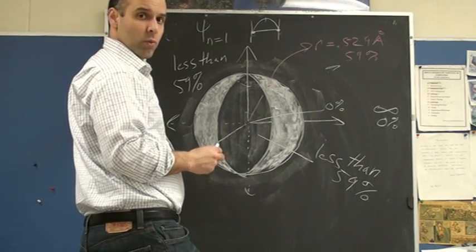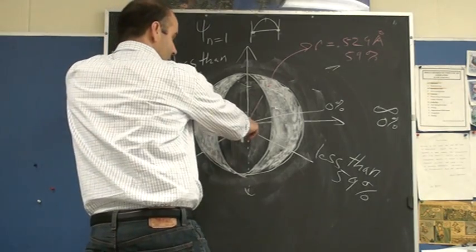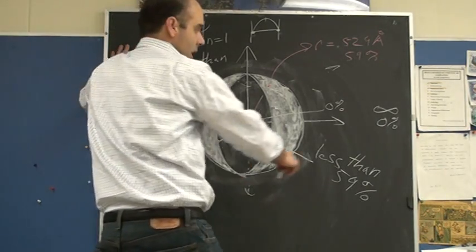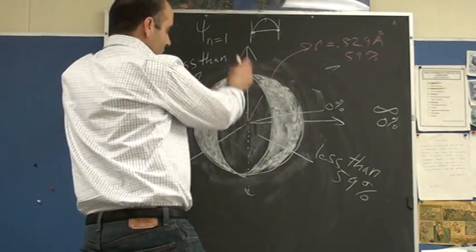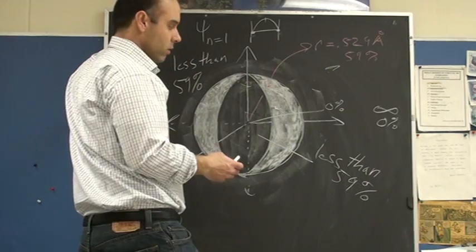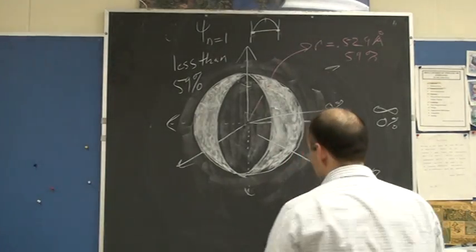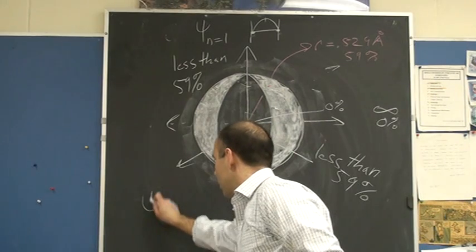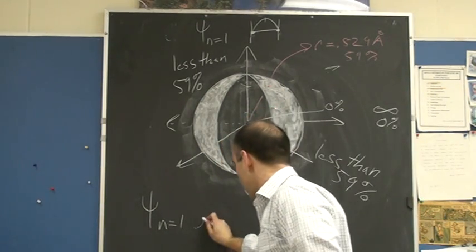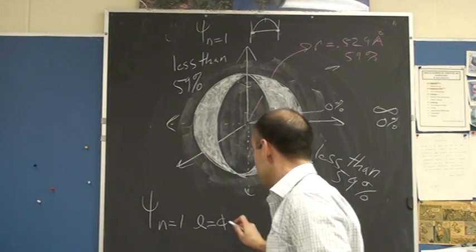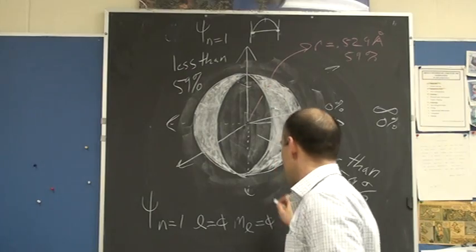There are only two places where there's zero probability of finding the electron, and that is at the nucleus and out there at infinity. Now this graph took into account 4 quantum numbers, and those 4 quantum numbers were n equal to 1, L equal to 0, M sub L equal to 0.